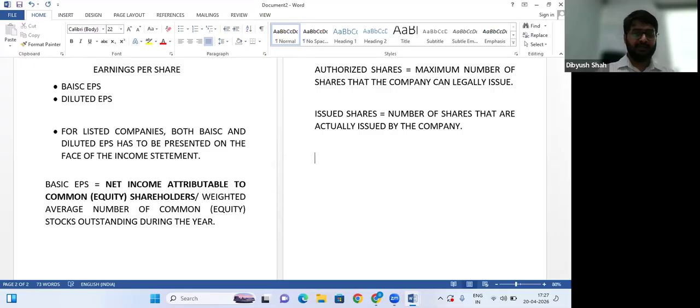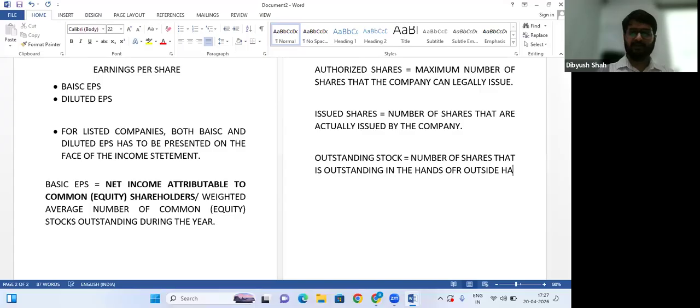And third is outstanding stock. We generally say this is the number of shares that is outstanding in the hands of, in layman's language, outside shareholders.